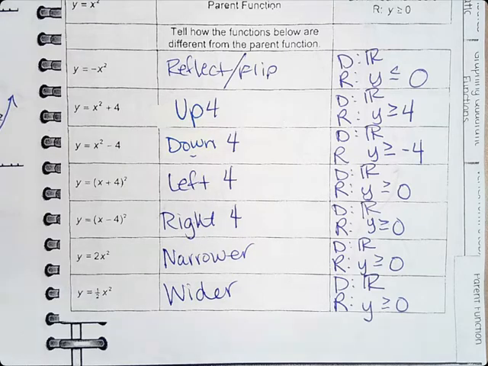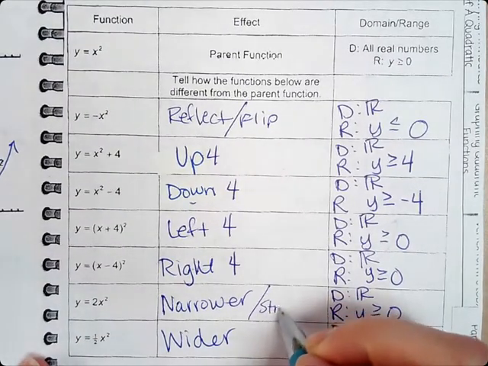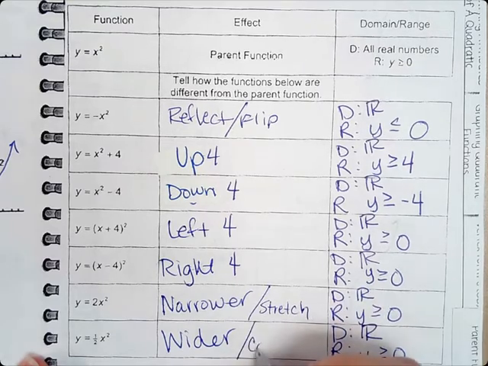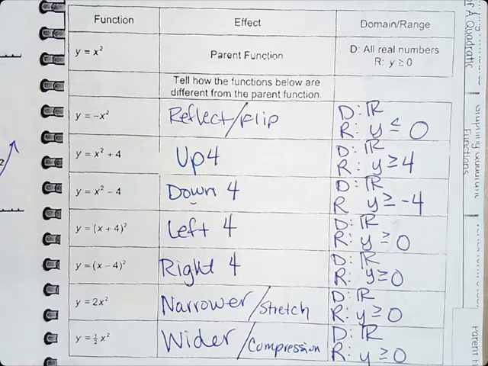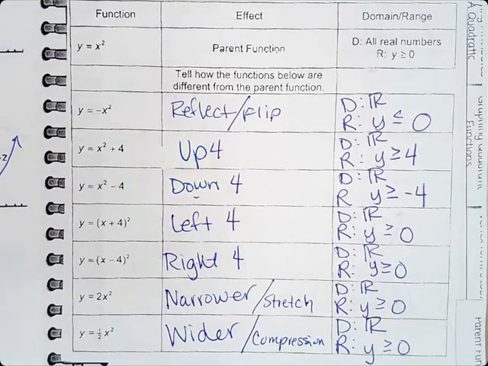For each one of these, I went ahead and wrote everything down. I'll put on here stretch, compression. And then domain on each one of these is all real numbers, but range is affected because of where the vertex is, how it's moved.